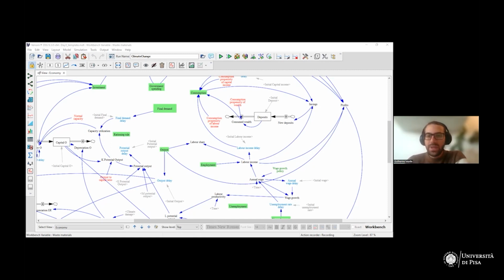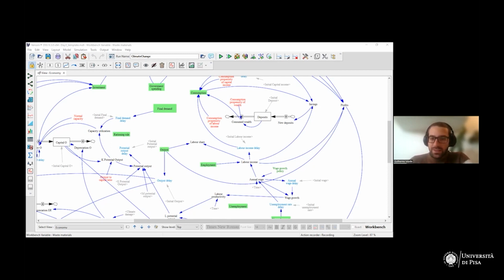Consumption depends on labor and capital income, and also on wealth. We have propensities to consume out of each of these variables. Investment depends on the expected sales, on the utilization of capacity and the capital stock, and government demand is exogenous with respect to the current income flow. So we will add a rule for the growth of government spending.